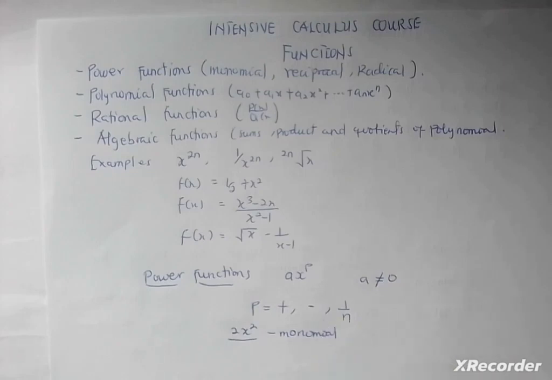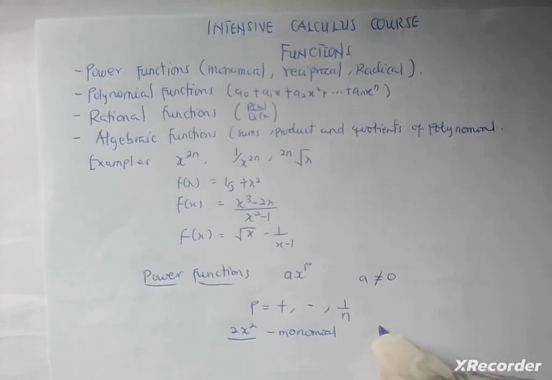Let's go to reciprocal. The power function becomes a reciprocal function when p is negative. So I can have 2x to the power negative 2. This is a power function, but p is negative 2, hence this is a reciprocal. This can be rewritten as 2 over x squared, and this is what we term a reciprocal function.